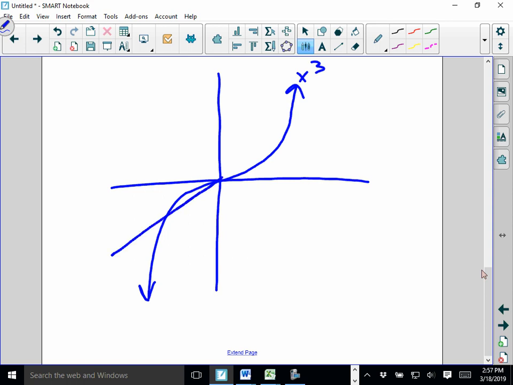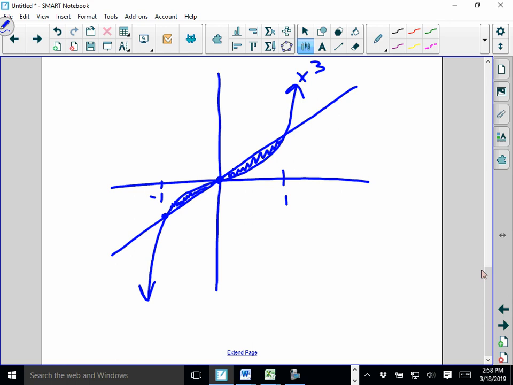We should have found these intersection points to be negative 1, 0, and 1. And we had to find the 2 regions, right? We had to find this blue, and we had to find this blue. When we look at it, x cubed is an odd function, and it looks like those 2 areas are the same, right?